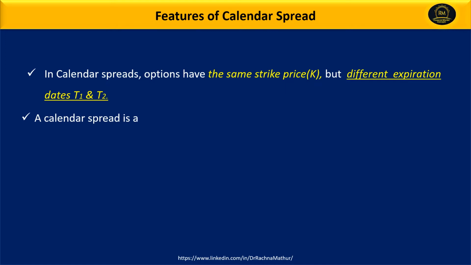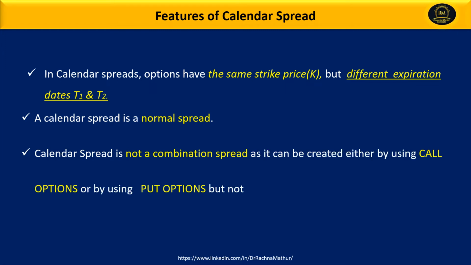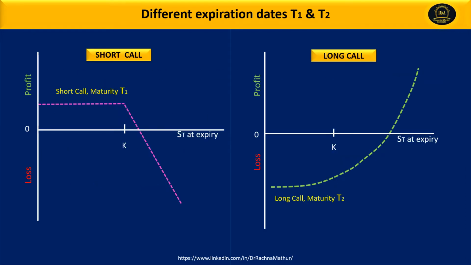Another important feature of calendar spread is that it is a normal spread. It is not at all a combination spread as it can be created either by using call options or by using put options, but not both for creating the same strategy. Another point which I would like to mention here before moving to the strategy of calendar spread is that since we have different times of expiration, that is T1 shorter time and T2 longer time of expiration.